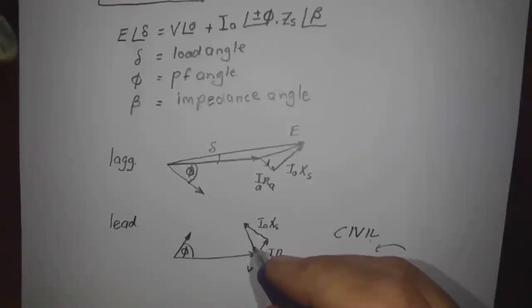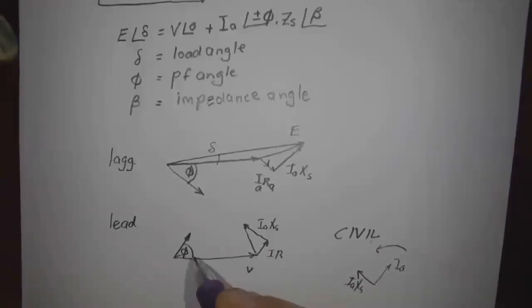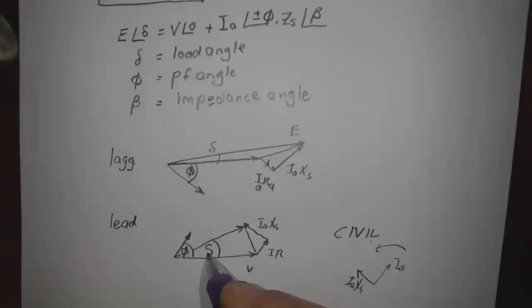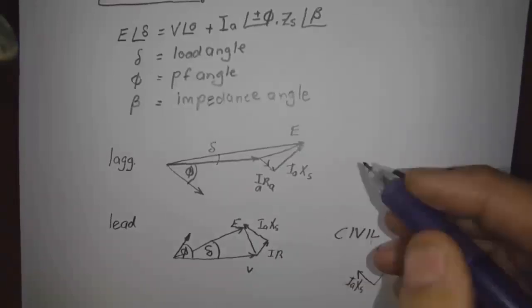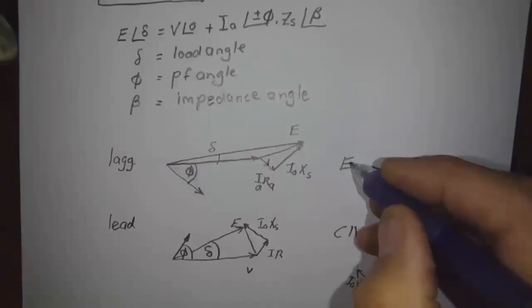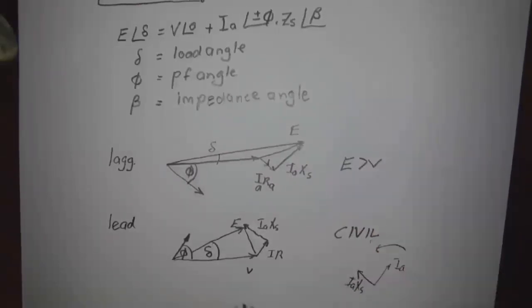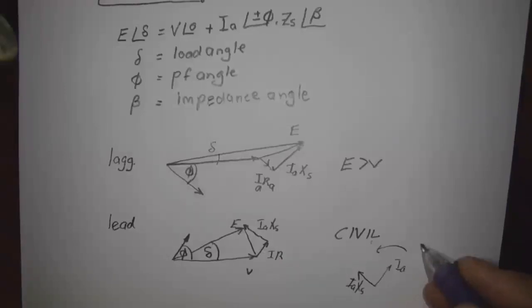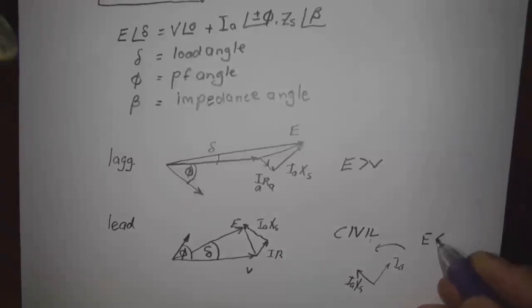This is again IZ, and that gives us delta. And that is E. Here you can see with a lagging power factor, E is bigger than V. With a leading power factor, E is smaller than V.